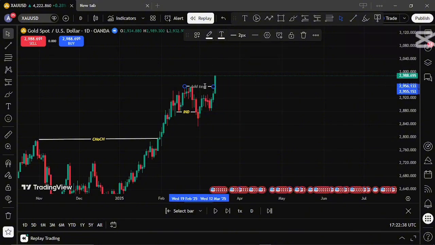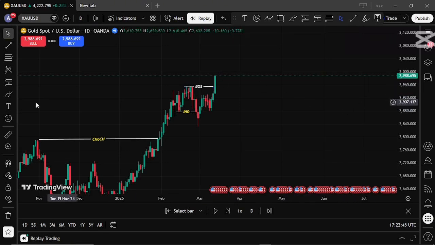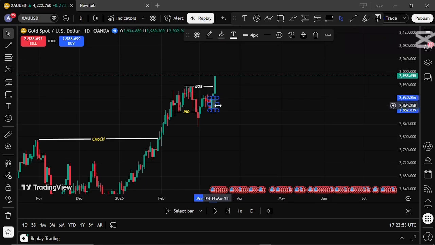Now the market is starting to tell us that something is about to happen. So as a trader, you wait. With that, we even see that we are having an order block. We know very well an order block is where orders have been accumulating.